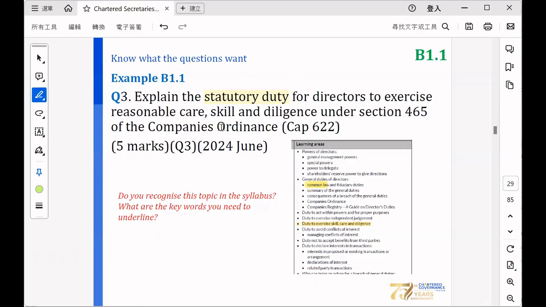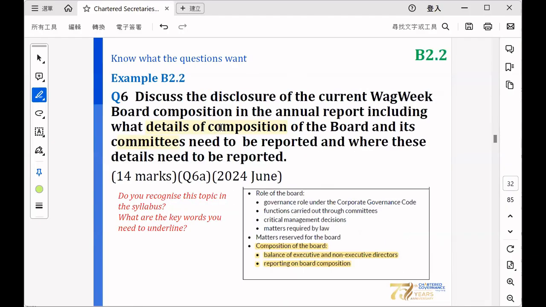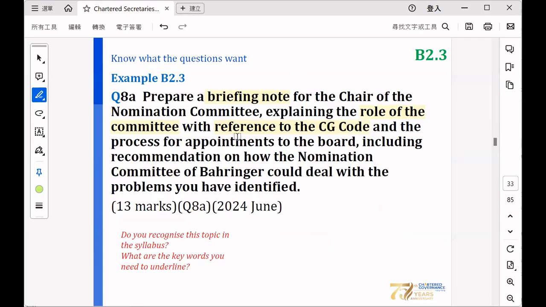Sometimes it just asks you with reference to the CG code again. If you can quote the exact code provisions, marks will be given for that.